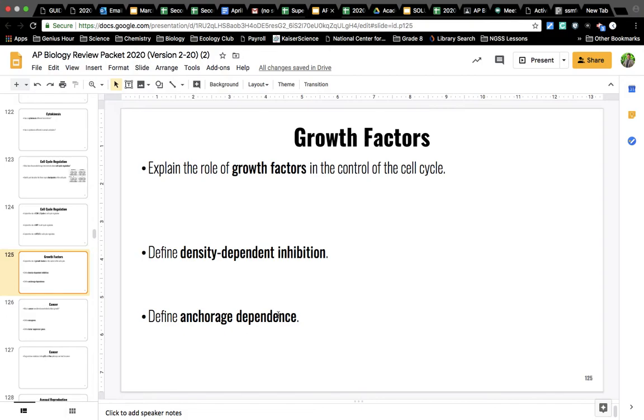And then, unfortunately, you may acquire the wrong kind of damage that will damage those genes that control things like density-dependent inhibition and anchorage dependence. So it can be both a factor of environmental factors and simply age to develop cancers as well.